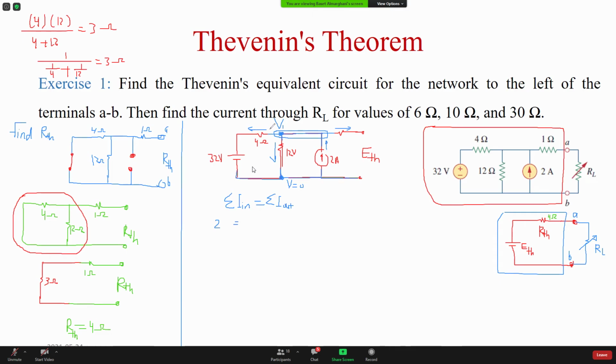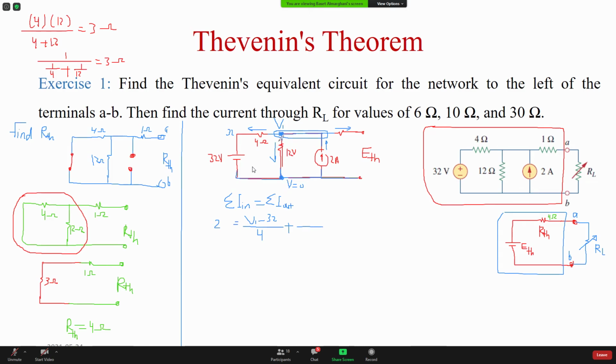So I'm gonna use the first one. Find the first current, Ohm's law. Voltage across the resistance V1 minus 32, because it's 32 here. And at this side is V1, the current is going from V1 to 32, divided by the 4 ohm, plus the current in the 12 ohm, voltage across divided by the resistance.